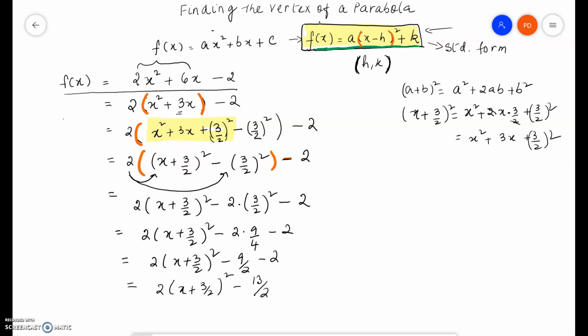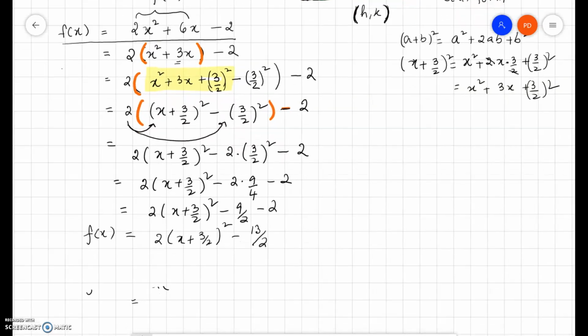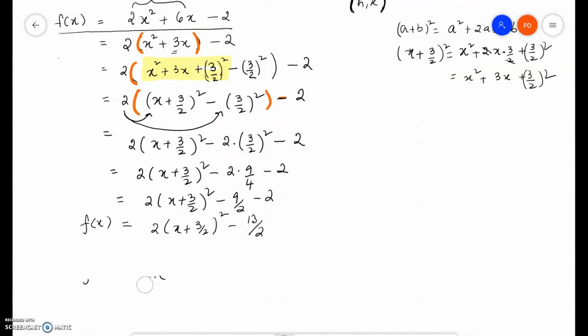So now we've converted the equation into the standard form, and it is easy for us now to identify the vertex of this parabola. We can rewrite this as f of x equals 2 times x minus negative 3/2 the whole squared minus 13/2.